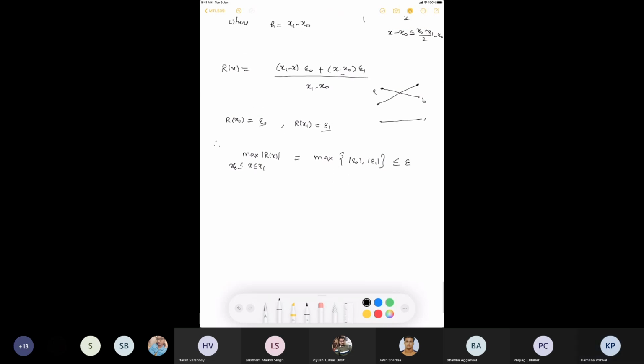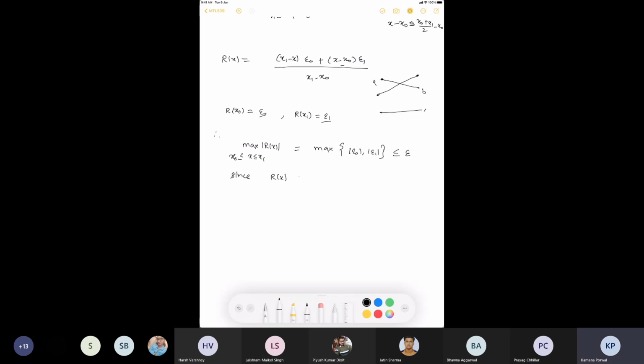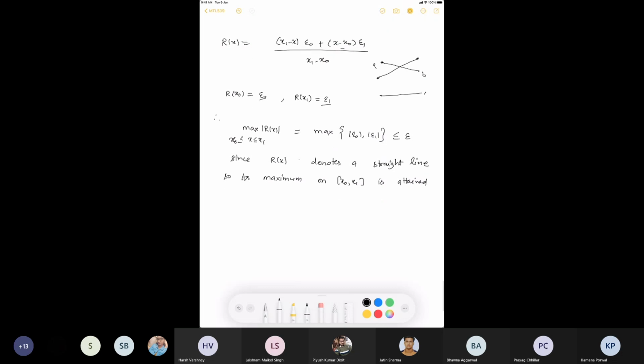This is because R(x) denotes a straight line, so its maximum on this interval [x0, x1] is attained at the endpoints, which means it will be either at x0 or at x1.